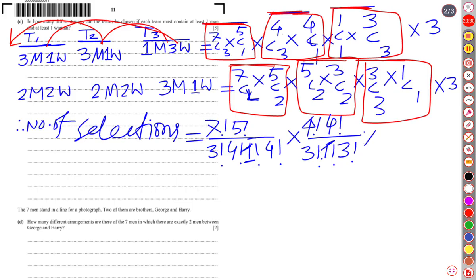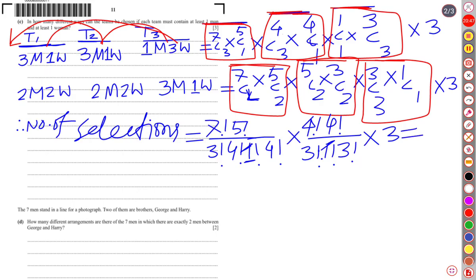Then for the third team, from 1, if we choose 1 man, that is only one way, and from 3, if we choose 3 women, that is also one way. So there is no necessity of writing 1. So it is actually 3.